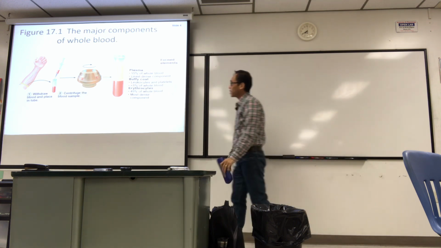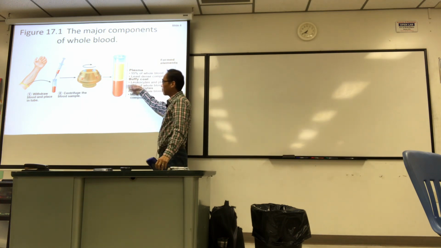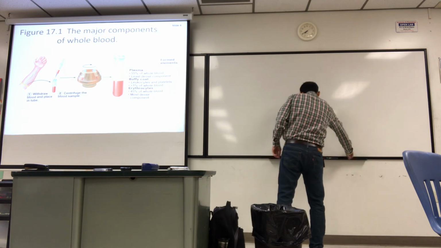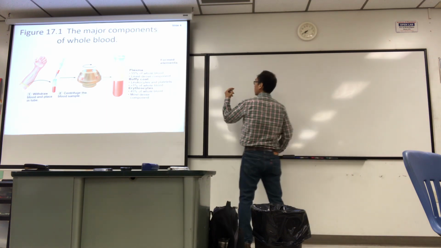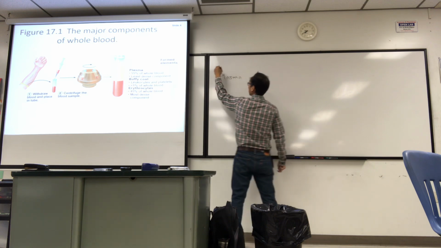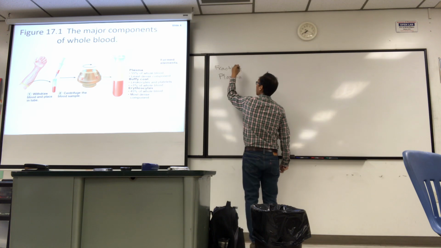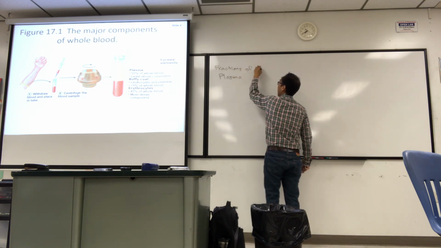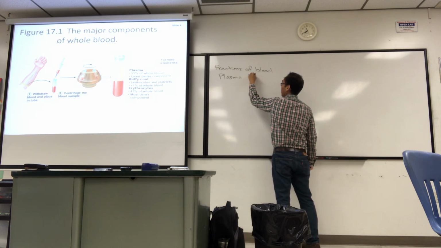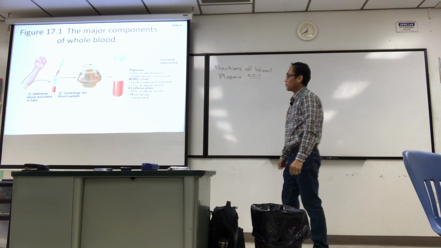But then the formed elements are the bottom 45%. Call this fractions of blood, components of blood, whatever you want to call it. The plasma is about the top 55%, on average.